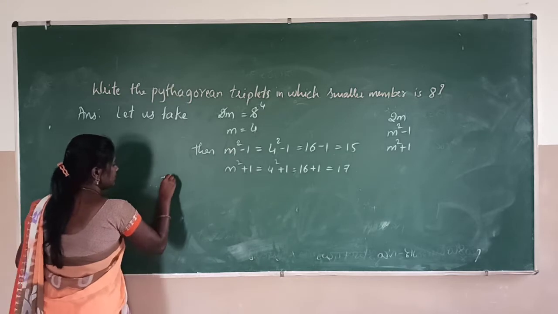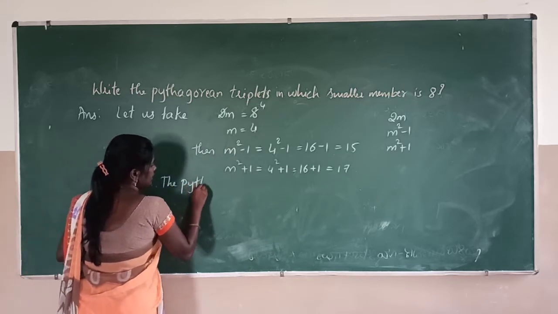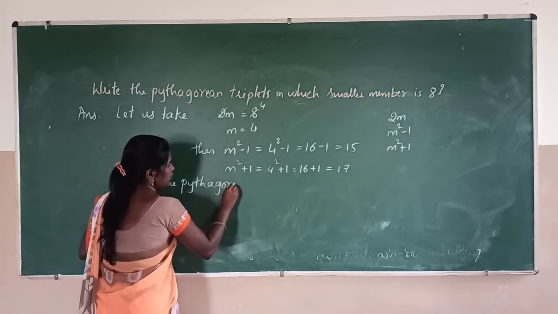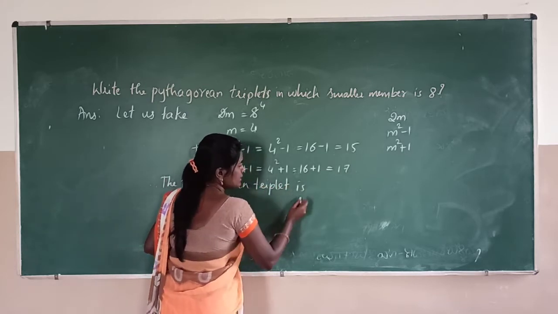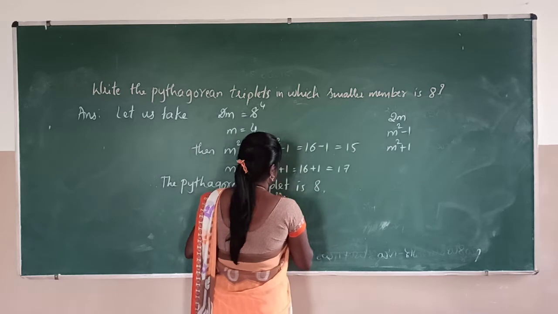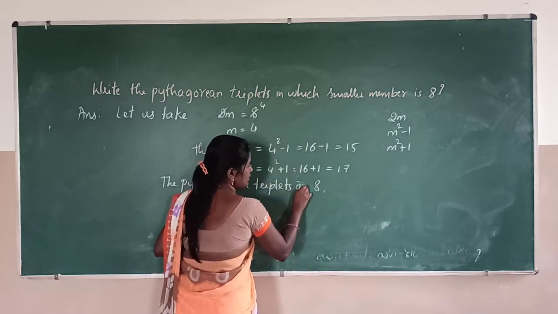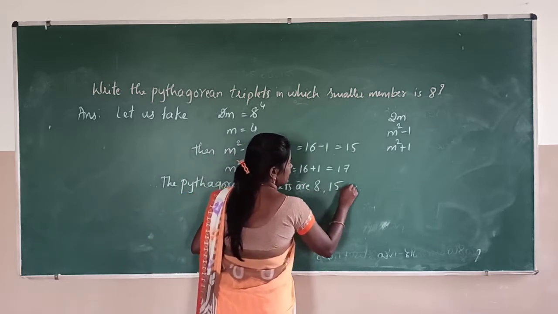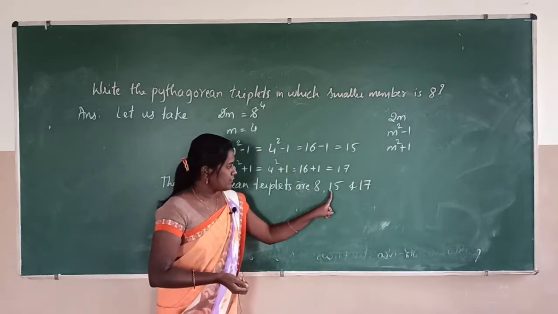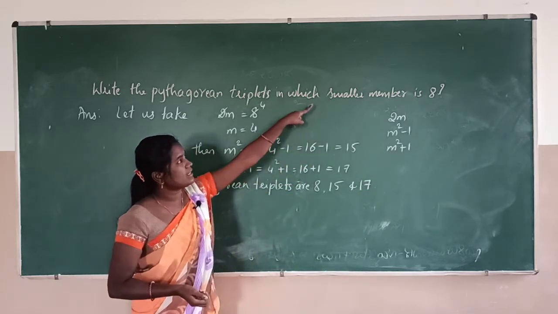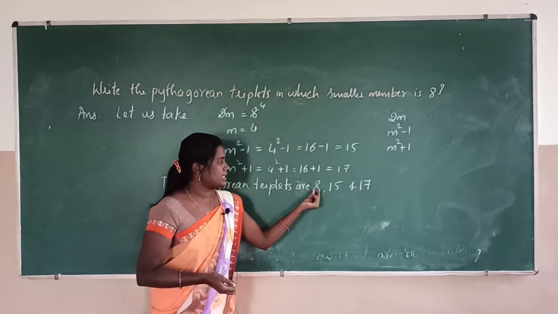Therefore, the Pythagorean triplets are 8, 15 and 17. See, 8, 15 and 17, it is clearly given that the smaller number is 8.